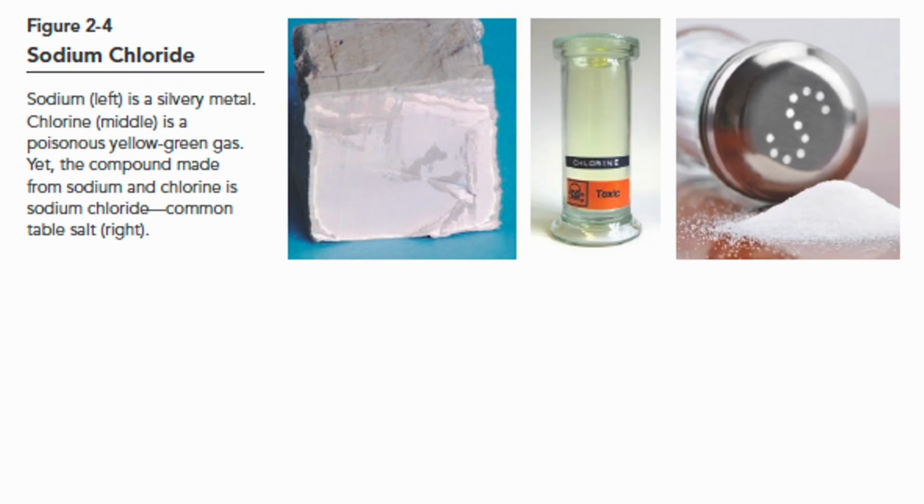So looking at an example here, sodium to the left is a silvery metal. That is Na. It has one valence electron in its outer shell. And chlorine gas has seven valence electrons. This is an example, we'll talk about this a little bit later, of an ionic bond. The sodium is going to want to transfer that electron over.